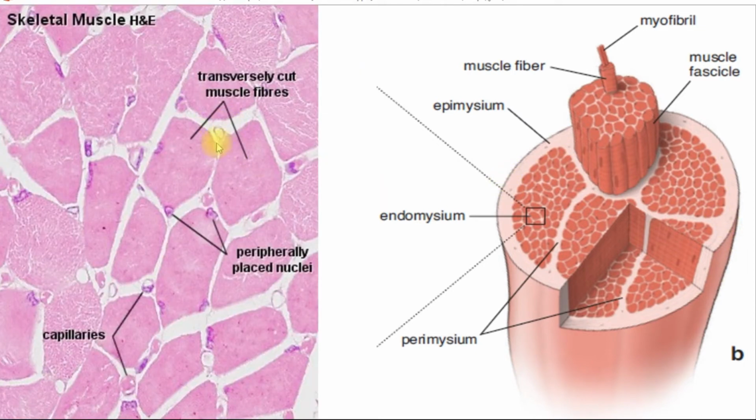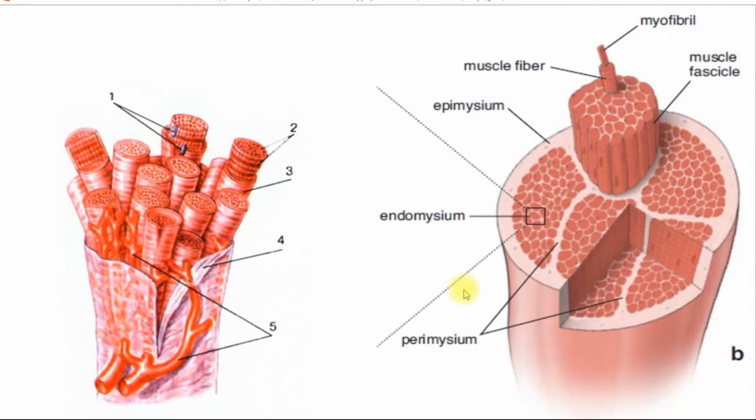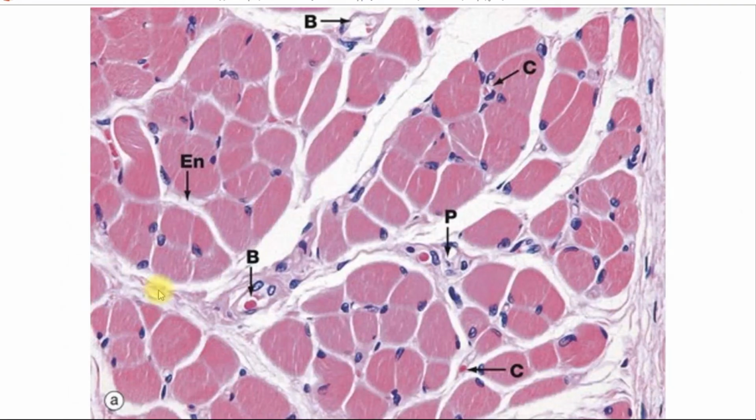Here we can see endomysium and numerous muscle fibers in skeletal muscle. And here we can see endomysium inside the skeletal muscle. Here we can see a bundle of muscle fibers. Inside them there is endomysium, and the bundle is covered with perimysium. And here we can see blood vessels which are necessary to provide nutrition to this muscle.